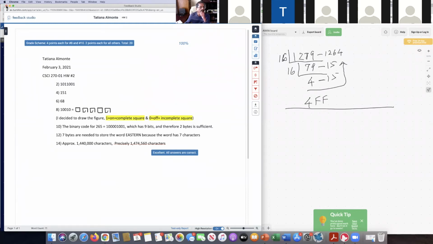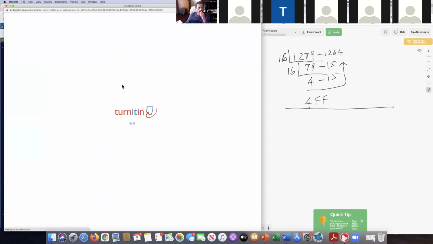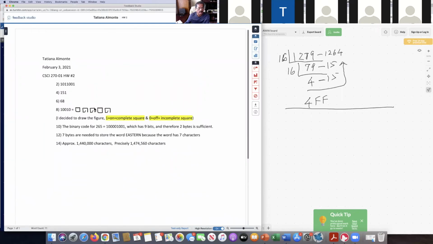I hope you answered the question. You had to upload it to this system, and if you upload it, it shows right there, and I can write my feedback. Like this one, you can see I can write exactly how many points I assigned, and what is wrong. Now, this student says 1,440,000 characters, and then she gives me the precise answer.